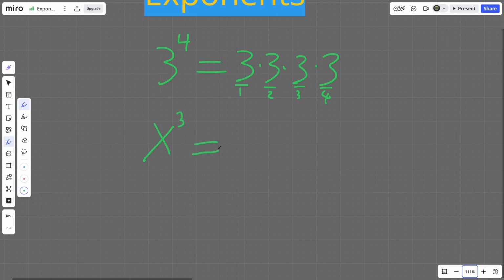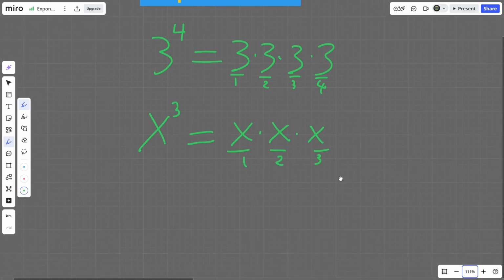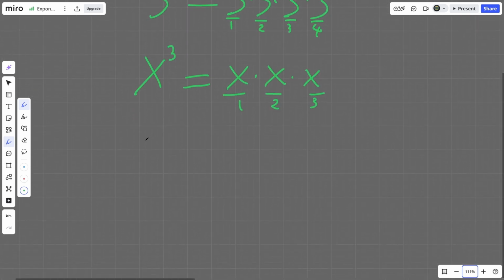They've more than likely seen something like this. Again, same basic rules. You keep the same base and you multiply it 3 times. 1, 2, 3. And indexing it out might help. Very straightforward, very nice.